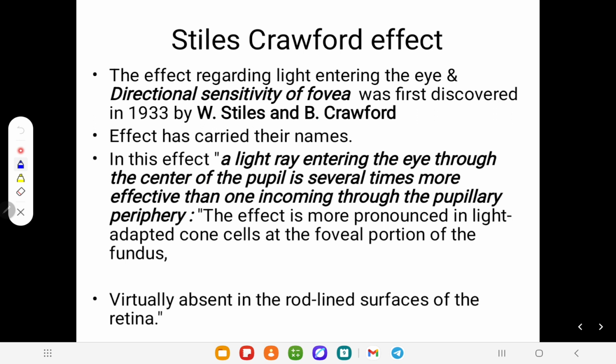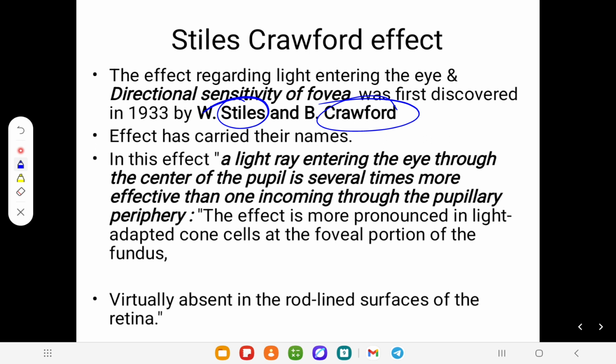Now come to the Stiles-Crawford effect. The effect regarding the directional sensitivity of light entering the eye was discovered in 1933 by W. Stiles and B. Crawford. That's why it's called the Stiles-Crawford effect. The effect has carried their name. Let me tell you, it's not a rule, it's not a law. It's an effect.